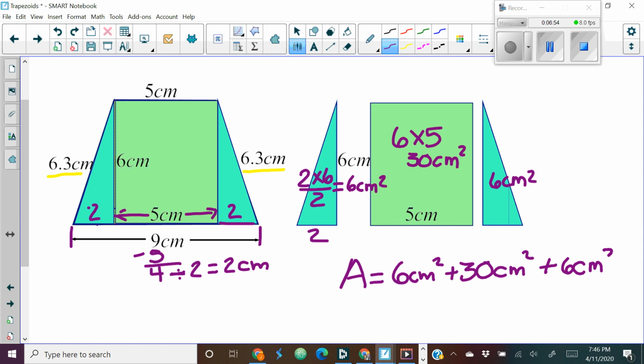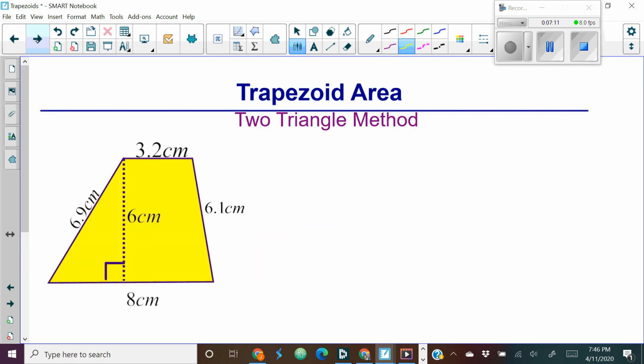When I add all 3 of those up, I find that the area of the original trapezoid is 42 centimeters squared. So that's our second example. Let's look at the third example. So this trapezoid is a little bit different.